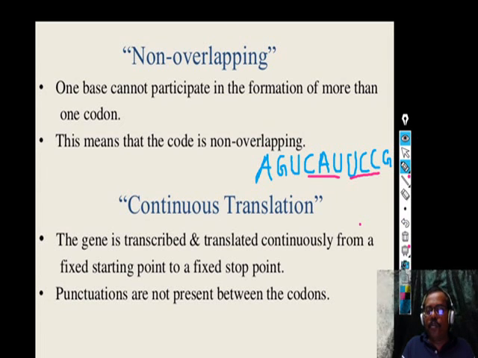In case of non-overlapping nature, the first codon would be AGU, then CAU, then UCC. This is the non-overlapping frame.